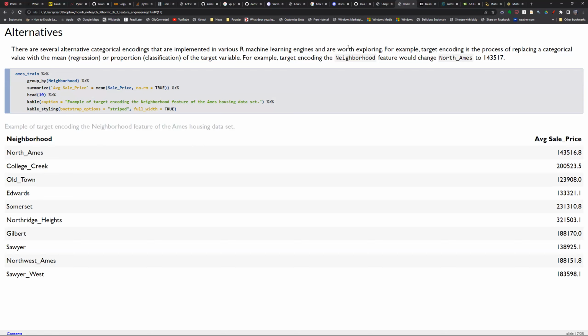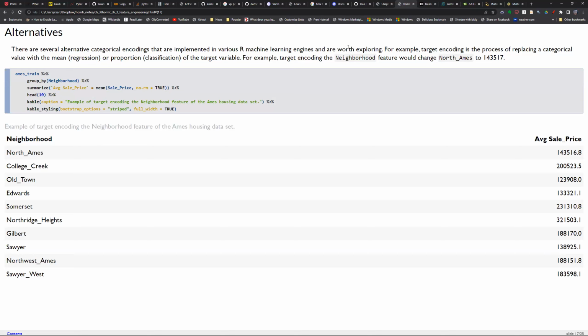Make sure that you don't have that many, that it doesn't explode into that many features, because that's one of the drawbacks of one-hot encoding and dummy encoding.